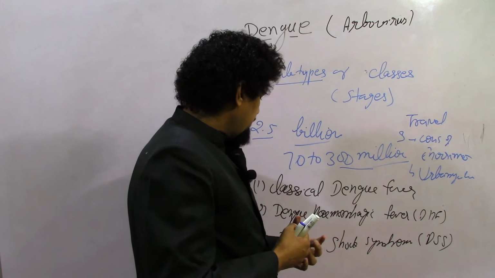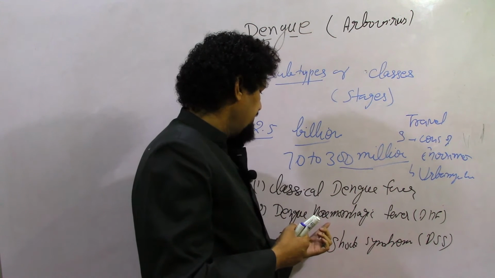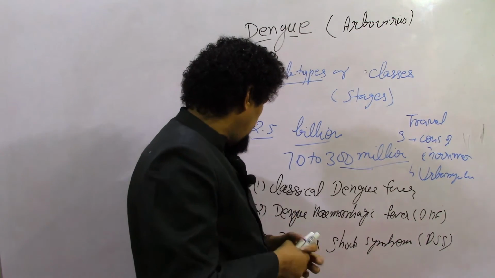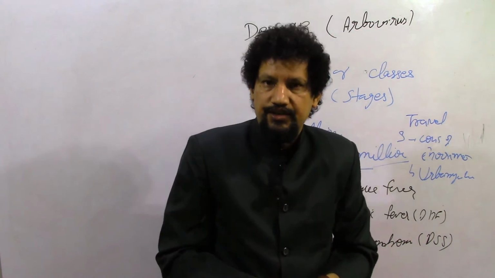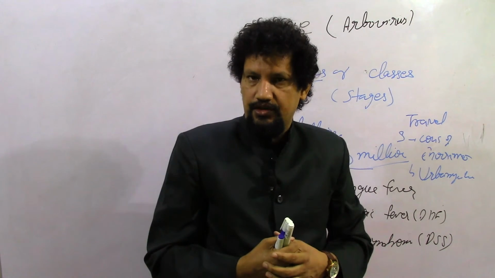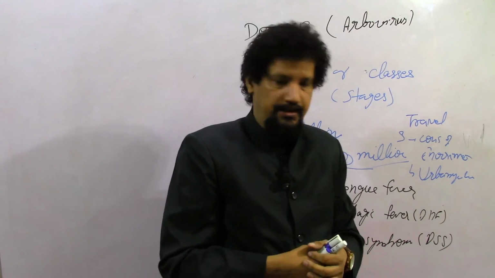In more severe cases, it is dengue hemorrhagic fever, and it may be a very fatal disease, dengue shock syndrome, where mortality is more than 50%.